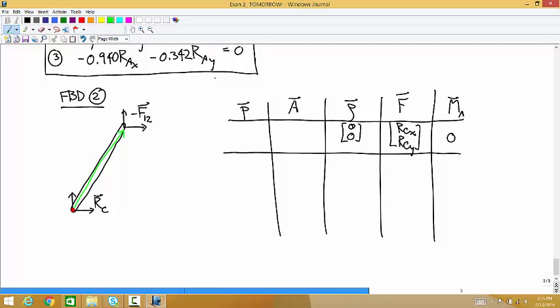So now when we're going to this force negative F12, the rho vector is positive 0.342, positive 0.940. The force vector is negative F12x, negative F12y. And the cross product is negative 0.342 F12y plus 0.940 F12x.